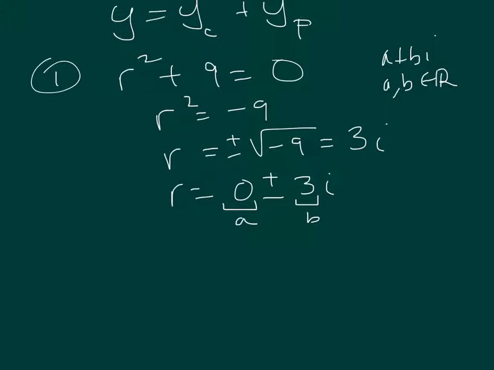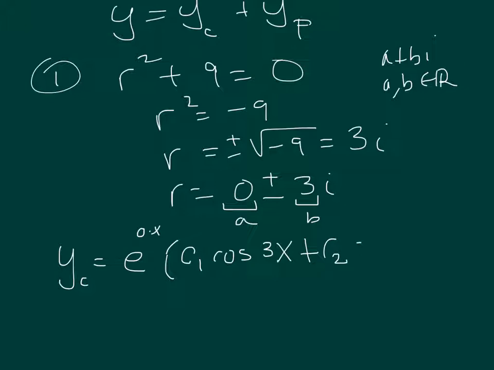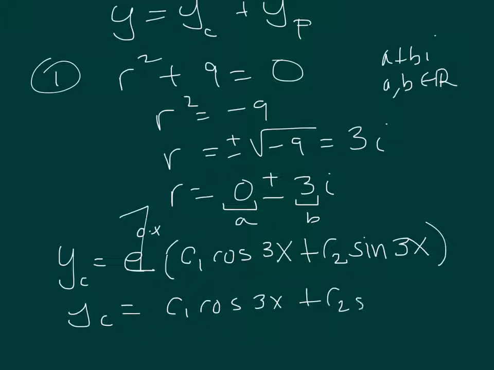So our complex solution, from one of your theorems, I think in 2.3, theorem 3, which I used before, is going to be e to the ax, so e to the 0 times x, times c1 cosine bx, so that's cosine 3x, plus c2 sine bx, which again is 3x. And notice this e term is just going to be a big 1, so we could distribute the 1, which doesn't do anything because we get the identical expression.